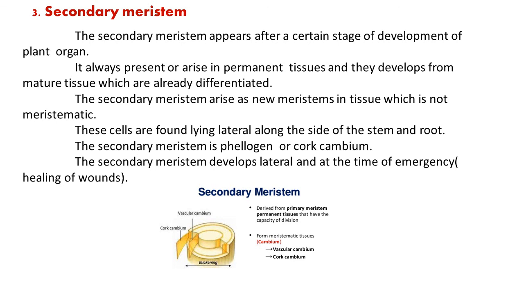These cells are found lying laterally along the side of the stem and root. The secondary meristem is phellogen or cork cambium. The secondary meristem develops laterally and at the time of emergency, healing of wounds. This is the diagrammatic representation of secondary meristem. Vascular cambium, cork cambium.